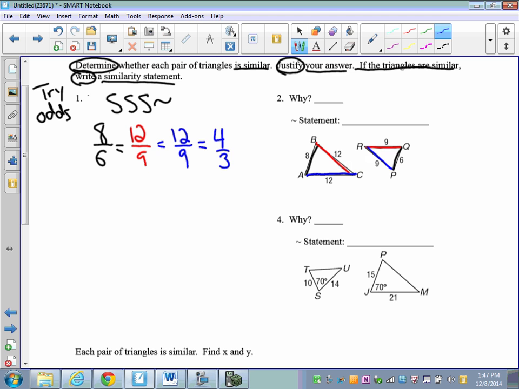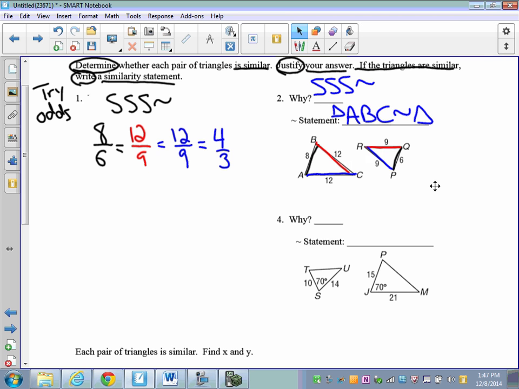So every single one of them. So these are similar. Why? Because we have the side, side, side similarity. Our statement, since I color coded, I could just do black to red to blue. So that would be triangle ABC is similar to, remember we went black to red to blue, so that'd be PQR.